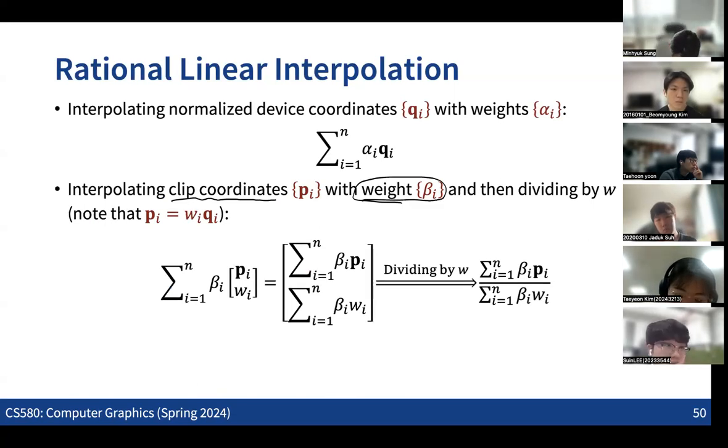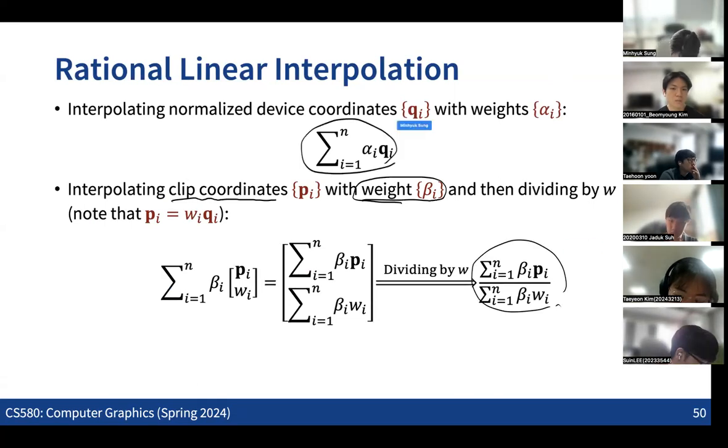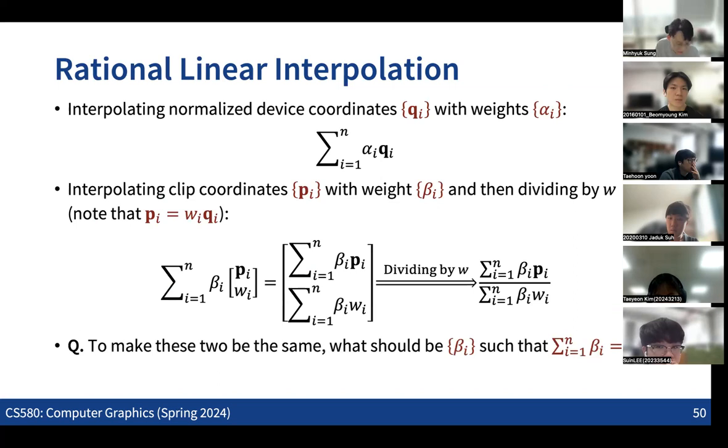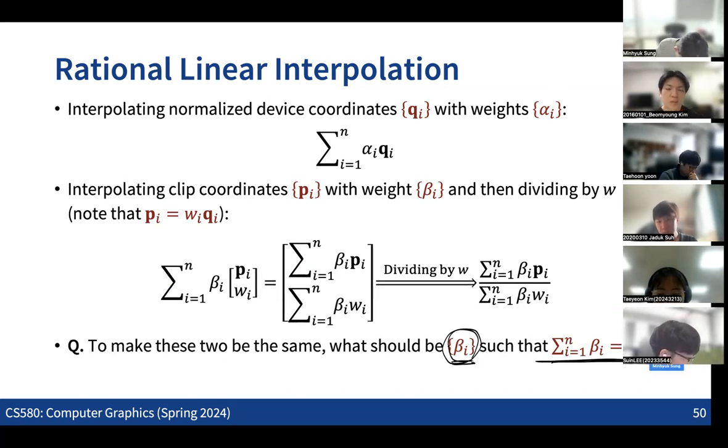So we want to match these two to be exactly the same, by choosing new interpolation weights beta here. This is the case where we interpolate first and then project, instead of projecting first and then interpolating. To match these two cases, what should be the weights beta that we need to pick that satisfies the affine combination here? This is the last question for the 2D selector.